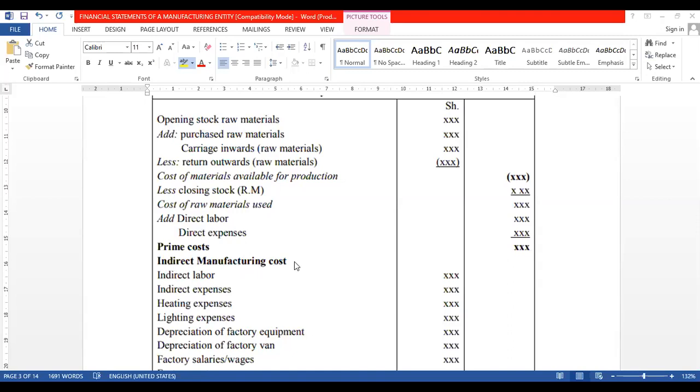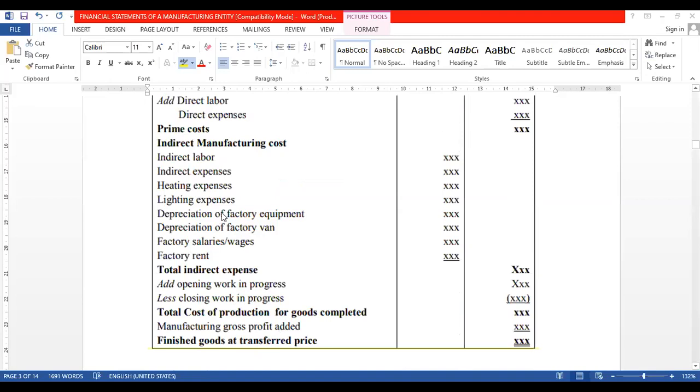This will include indirect labor, indirect expenses, heating expenses, lighting expenses, and depreciation, but on the factory equipment. Here we don't add depreciation on, for example, a van that was used for selling and distribution. We don't add depreciation for office equipment. It must be things that are helping us in the manufacturing of the product.